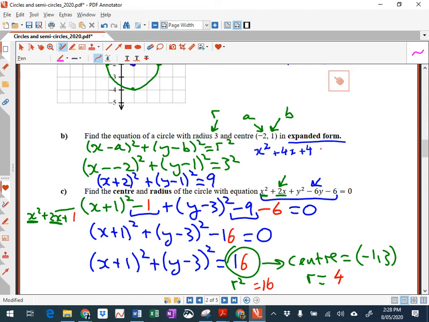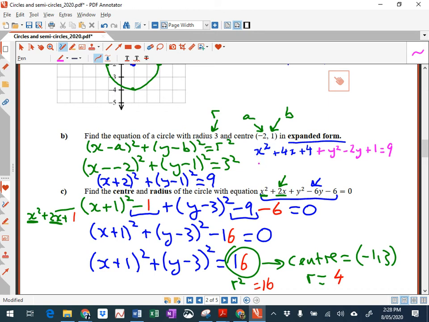And then plus y squared minus 2y plus 1 equals 9. Okay, and then we can tidy that up a little bit, can't we?